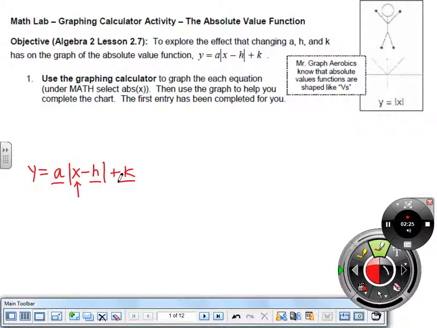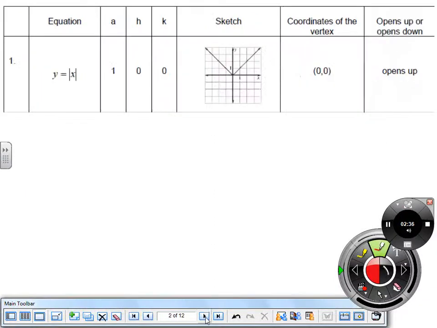So instead of us doing them all on our own, we're going to go ahead and do them in the calculator. Before we do them in the calculator, if you look at your handout, it has one of them provided for you. So I want to talk about how they came up with the a, h, and k values. On the handout, it gives you an equation.